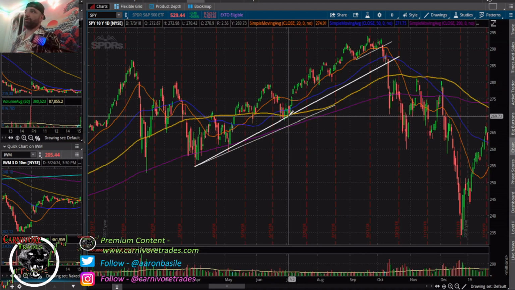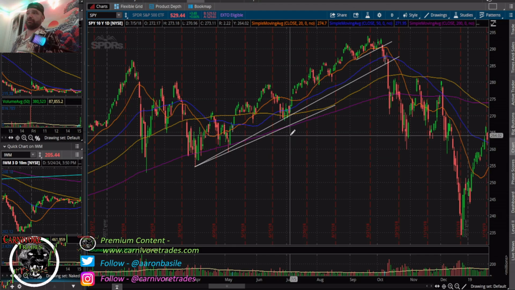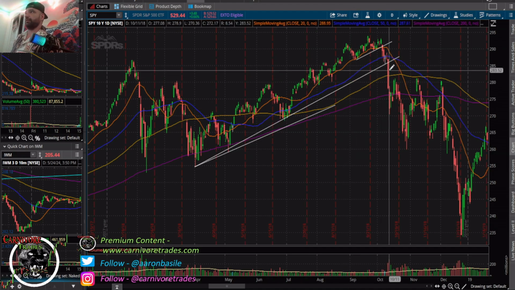Now, would you have missed the boat if this came down, or if you were looking to buy here? Yeah, you would have missed the boat. And again, there's nothing perfect in the market. But in the future, you know that's the line to look at. This actually ended up breaking down.